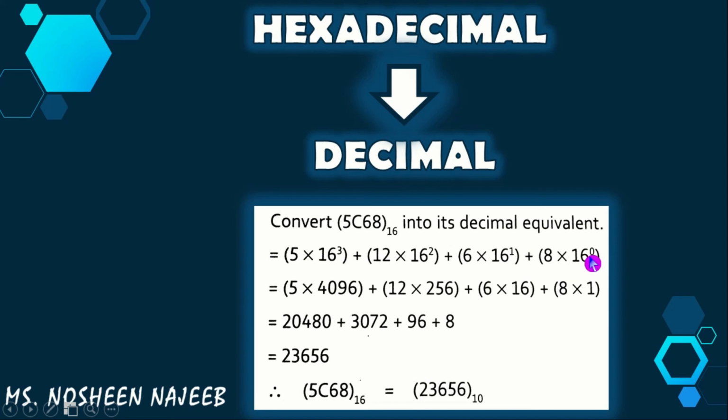Starting from 0, because decimal number system always starts from 0, we will place 0 as the power of 16. Then moving to the next set, which is 1 over 16, then the third set, so we will place 2 over 16, then the fourth set, which is 3 over 16.